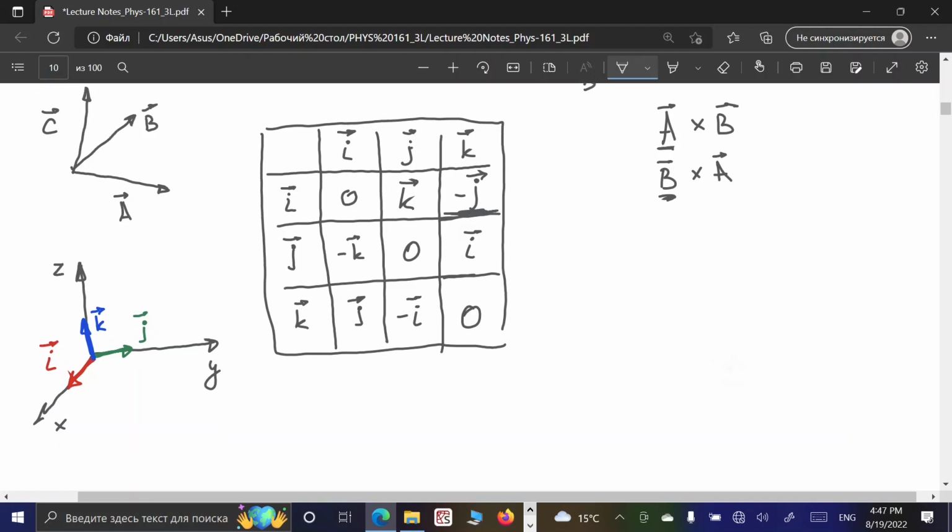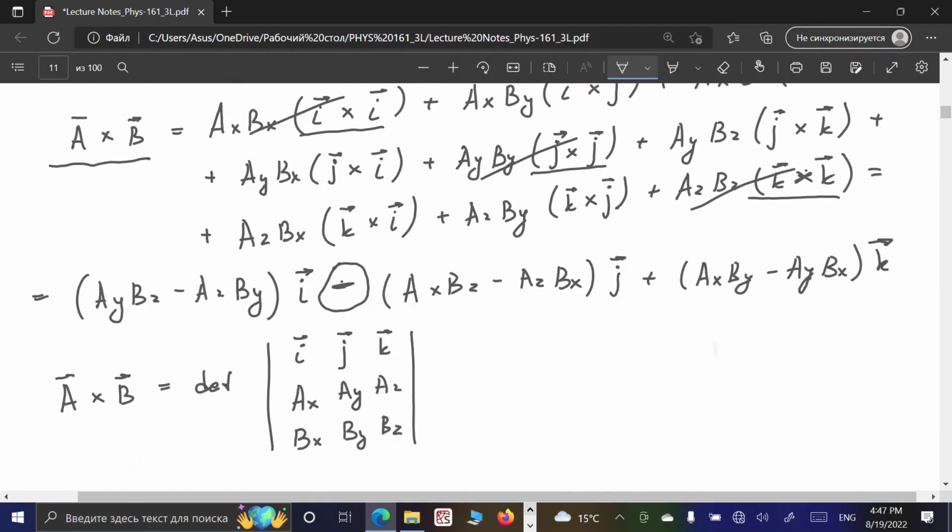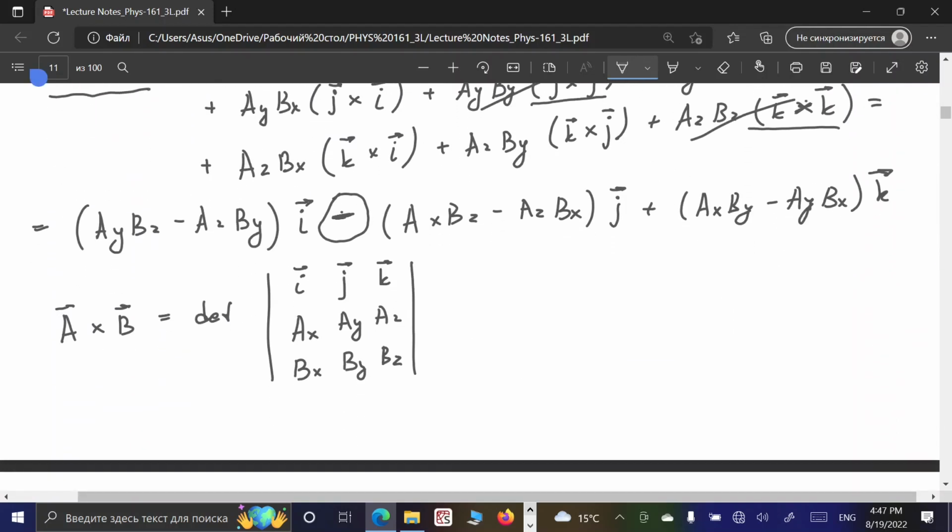Because of that, we have this minus here, and it should be taken into account. But this is the most common form of giving the equation, the approach to calculate the orientation and magnitude of the cross product of two vectors in three-dimensional space.